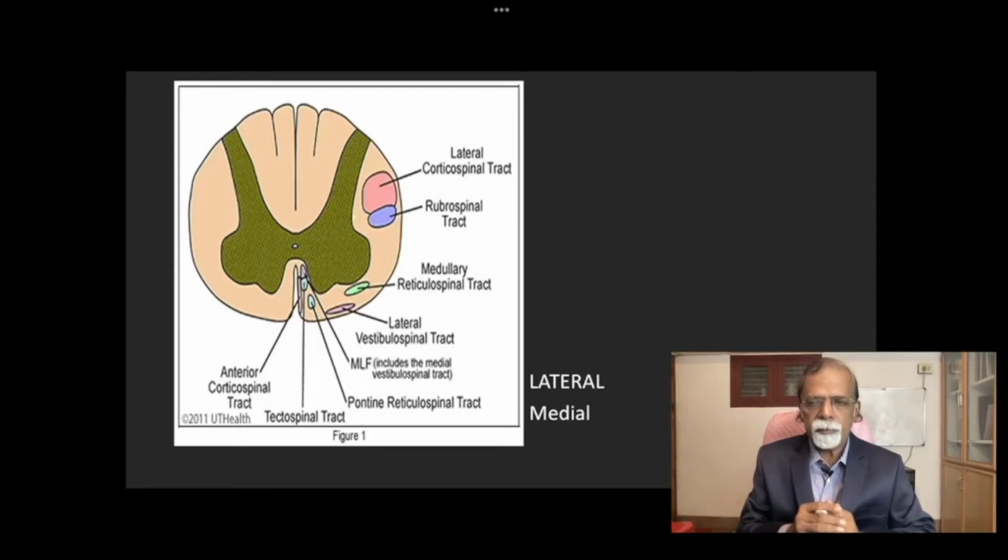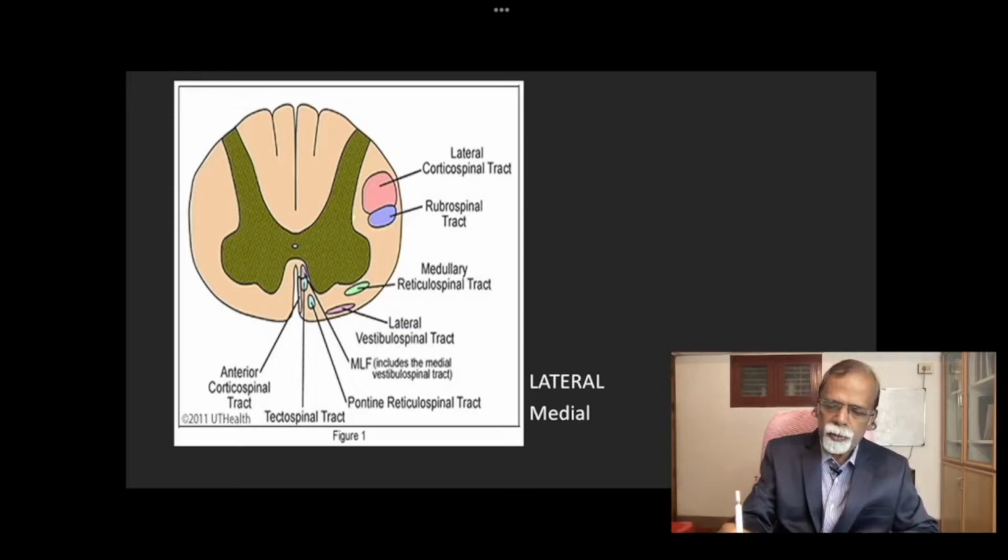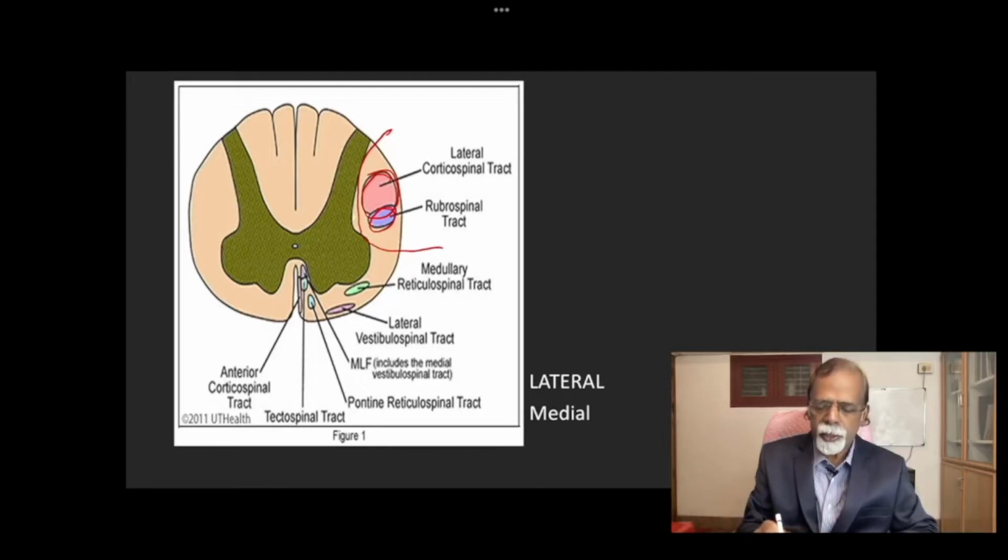Now, depending upon the position in the spinal cord, you draw a cross section of the spinal cord like this. You can see that in the cross section, the lateral corticospinal pathway and the rubrospinal pathway are in the lateral part of the spinal cord, so you can consider them as lateral tracts.